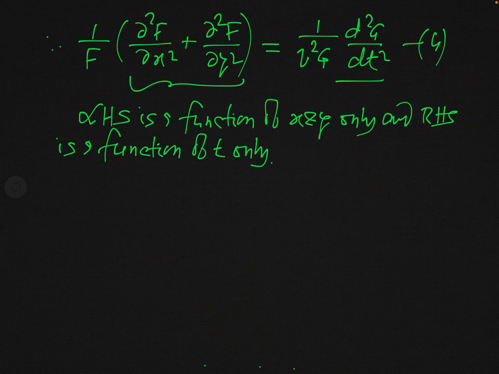Now, since x, y and t are independent variables, for all values of x, y and t, this equation 4 will be satisfied only when both sides of this equation are equal to the same constant. You know it.